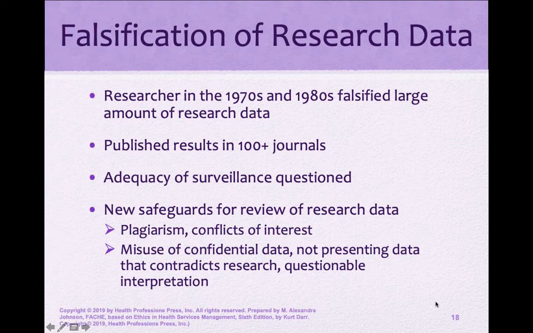It's all about the surveillance piece. A study like that would have to have been approved by an IRB, and an IRB needs to observe the study as it moves along. They may have to do reviews of the data, so IRBs should be involved in looking at the surveillance of data when things are being falsified in that way.